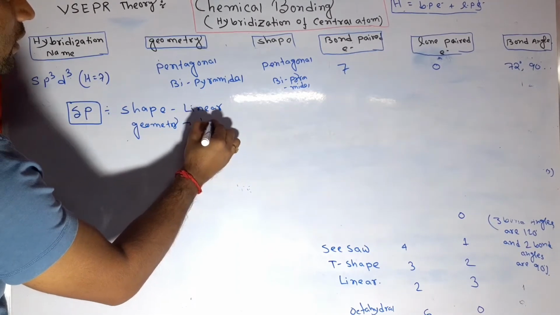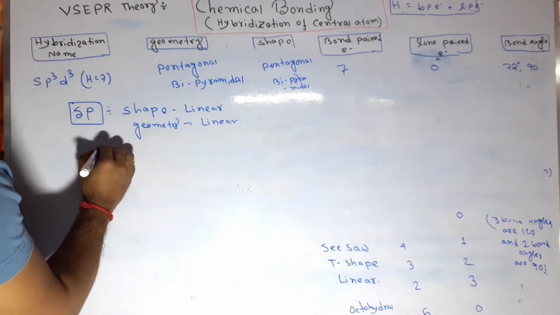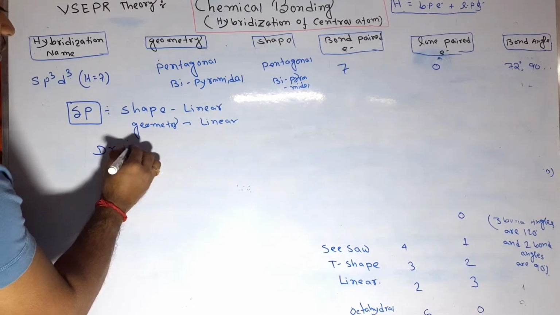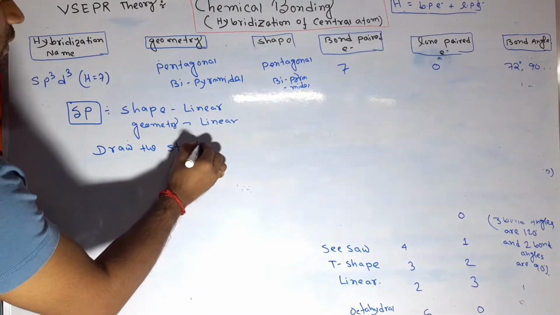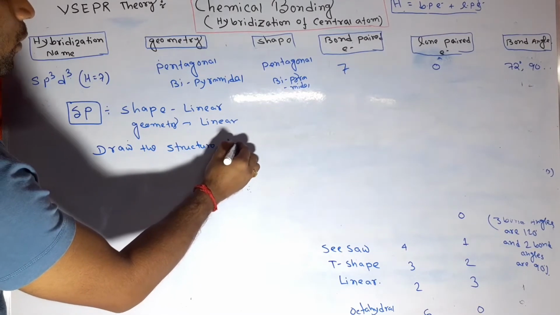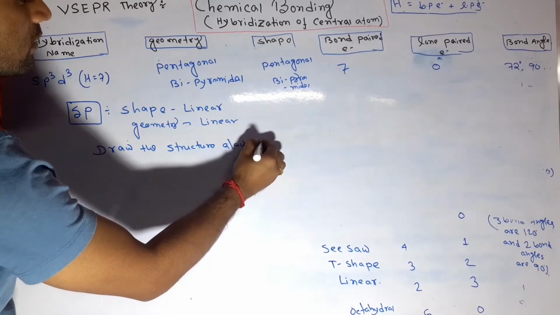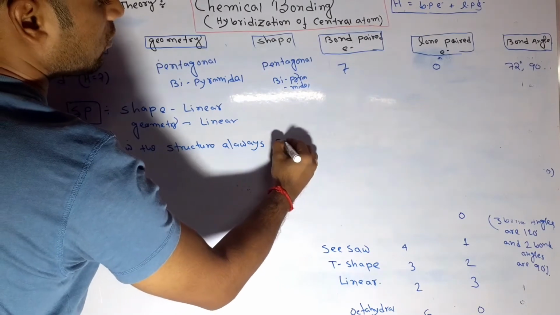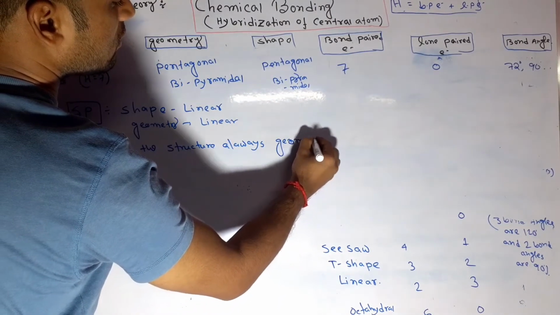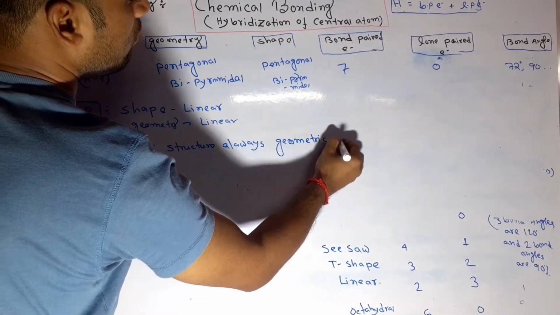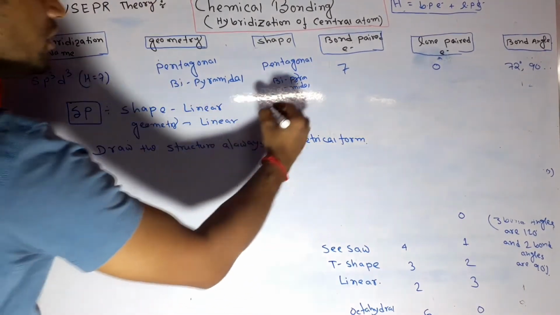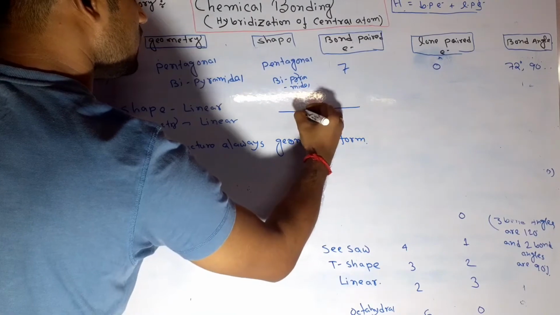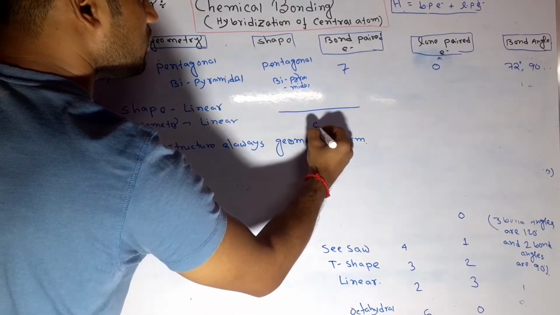Always draw the structure in geometrical form. For sp, linear means the linear structure for a particular species, carbon dioxide.